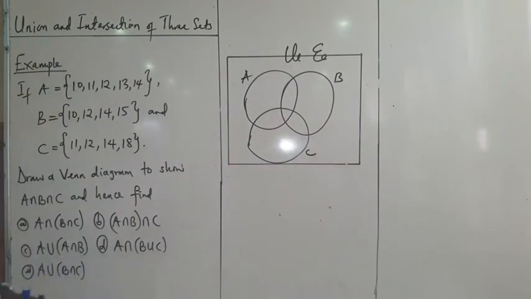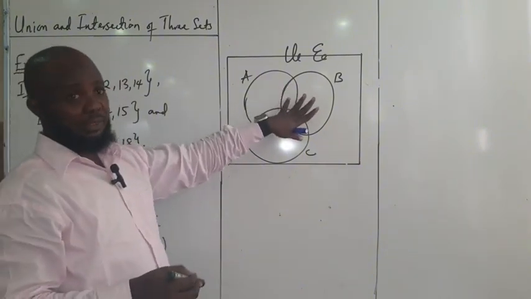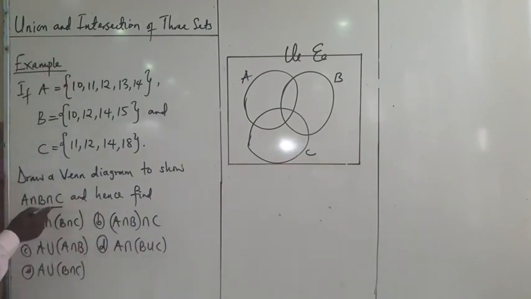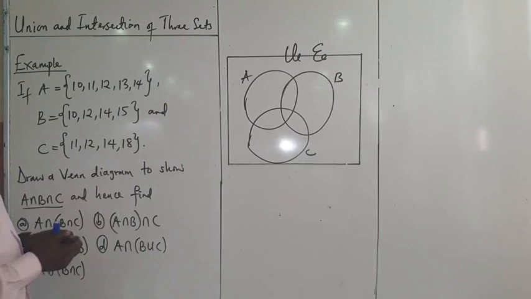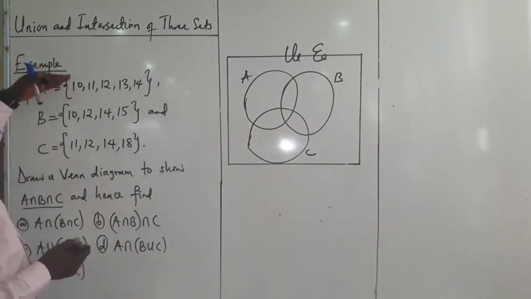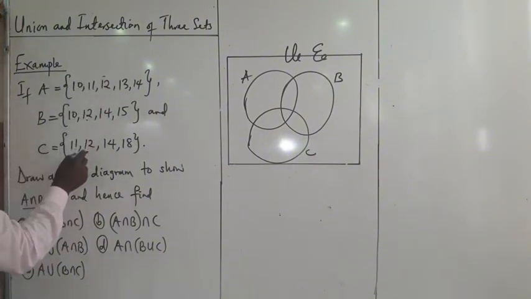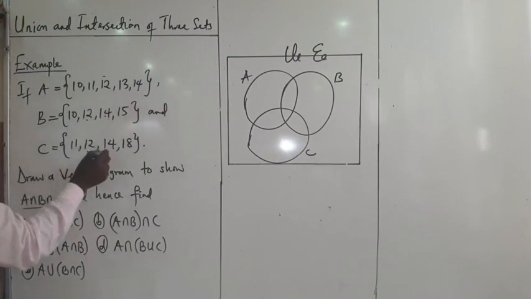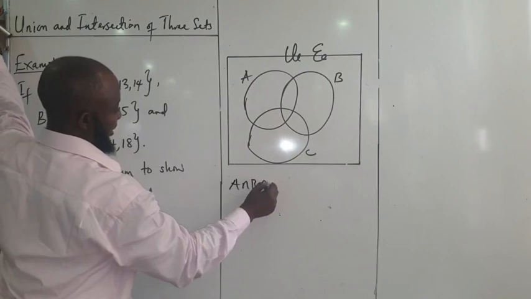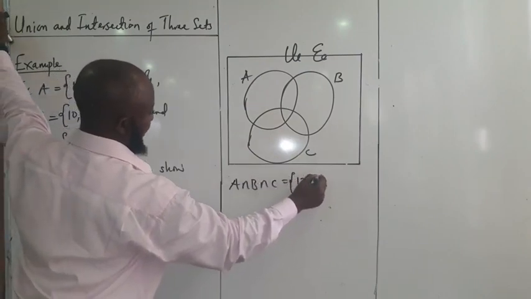Before you put any elements in this Venn diagram, you should be able to get what A intersection B intersection C is. That is where we have the same element common to the three of them. 12 is here, 12 is here, 12 is here. We have 14 here, 14 here, 14 here. So A intersection B intersection C has the elements 12 and 14.